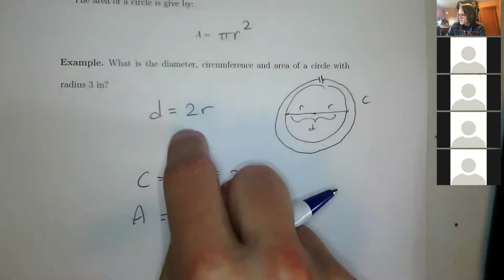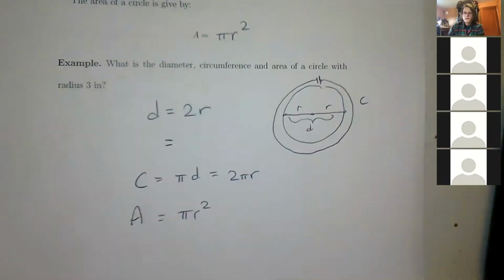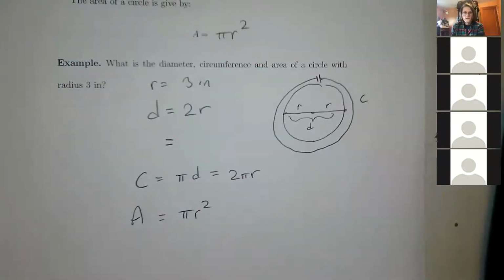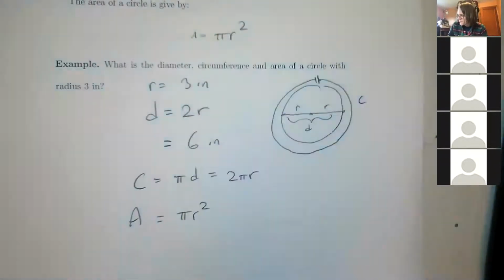So my diameter is what here, if my r is 3 inches? 2 times 3, 6. Yeah, so it's 6 inches.